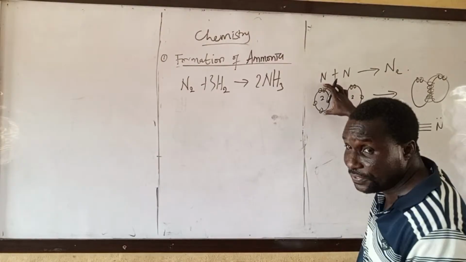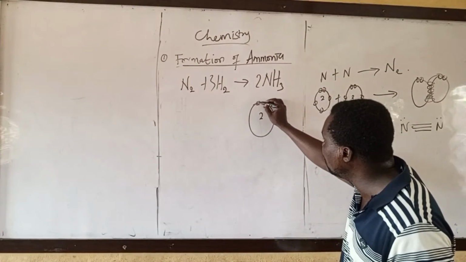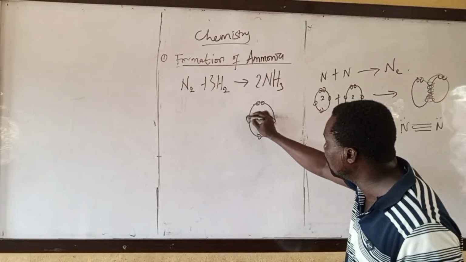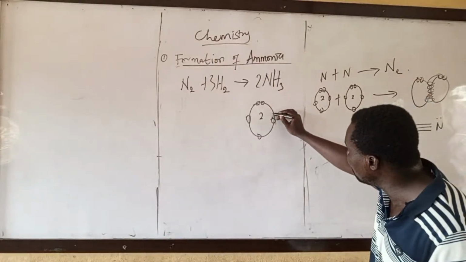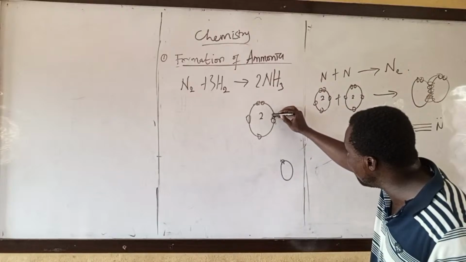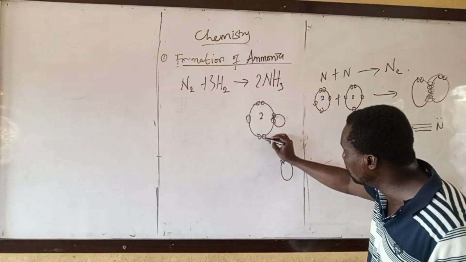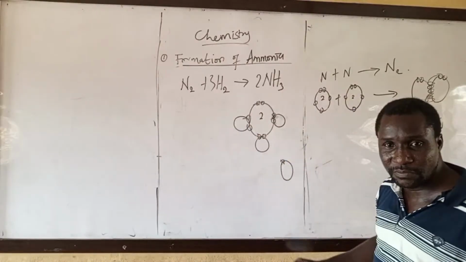Let's take one of it. You have 2 and you have 5. Then how many hydrogens are attached to it? 3. Hydrogen has 1 atom like this, so they come here and attach, another hydrogen attaches, another hydrogen attaches. Can you see?